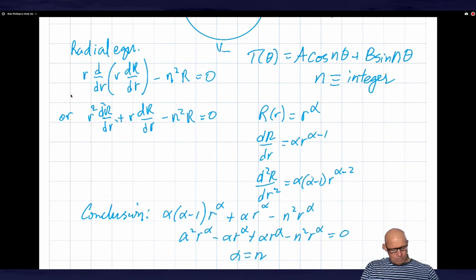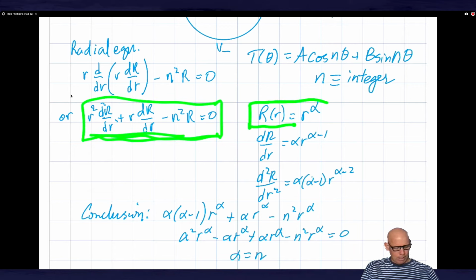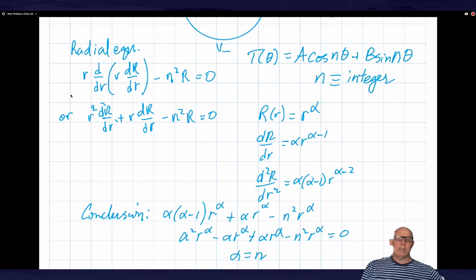So I can redo that by taking this derivative, and I'm going to make the observation that I can solve that equation with a power law. In other words, I make the guess, just because of how this thing looks. Here I have no little r, here I have 1 power of little r, and here I have 2.